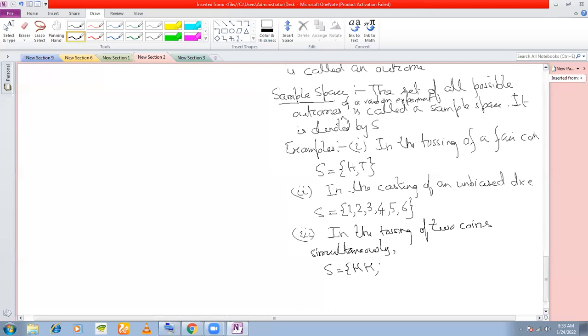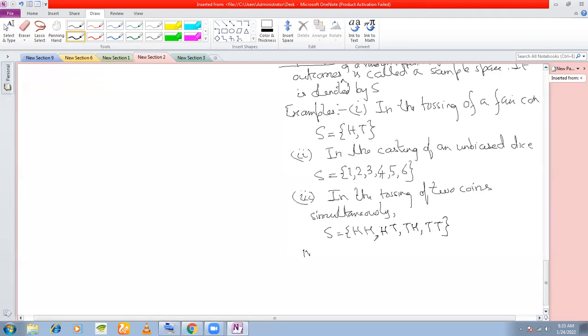HH, HT, TH, and TT, right? In the tossing of three coins simultaneously, what is the sample space?